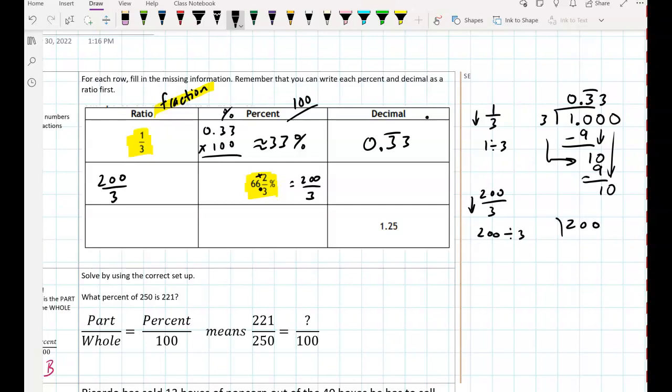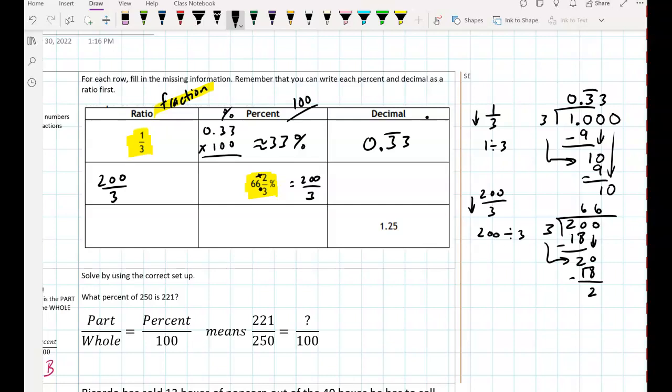And so 200 goes on the inside, 3 goes on the outside, 3 goes into 20. 6 times, that's 18 when you multiply. 20 minus 18 is 2. Bring the 0 down. 3 goes into 20 6 times. 3 times 6 is 18. We'll subtract. 20 minus 18 is 2.